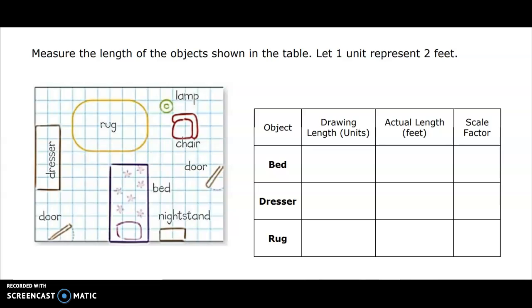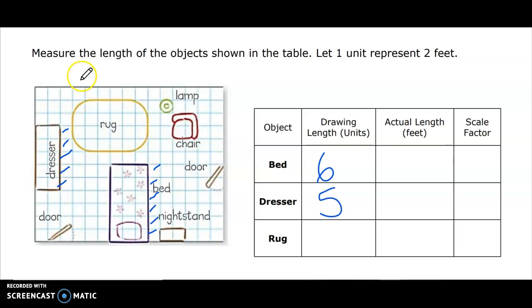So this one is going to say measure the length of the objects in the table. So I'm going to do the bed, and I go 1, 2, 3, 4, 5, 6 in length. And then the dresser, 1, 2, 3, 4, 5.